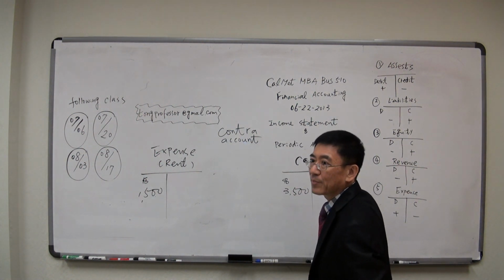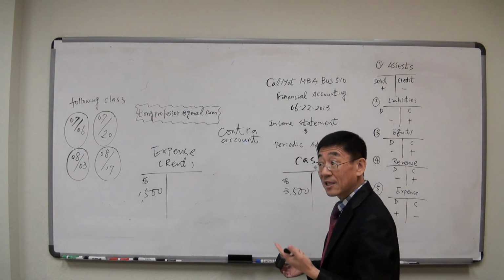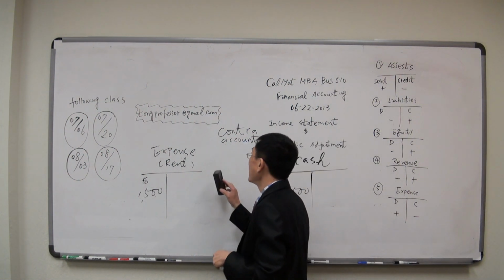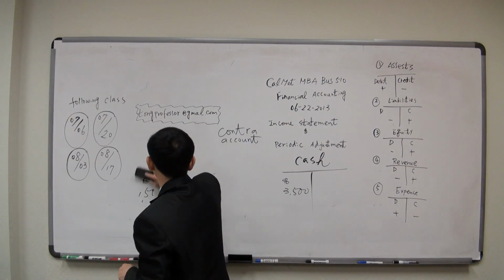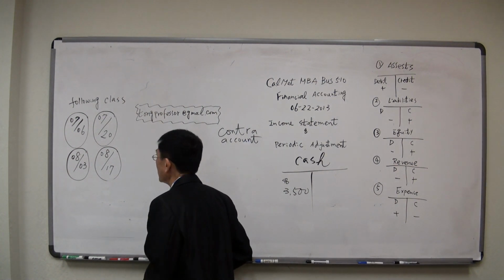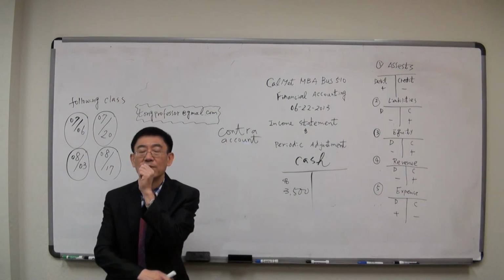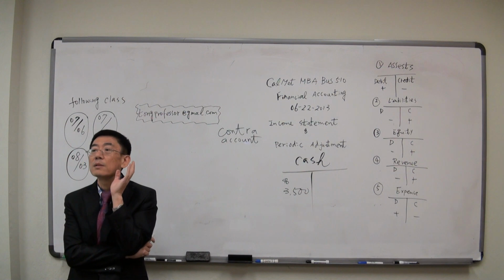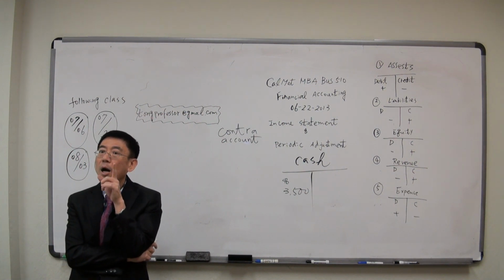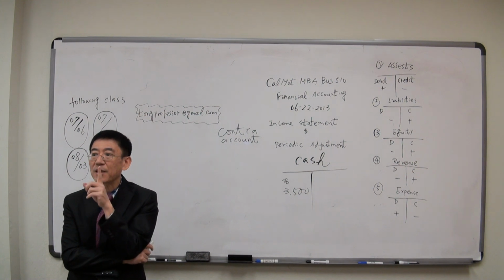It cannot be an asset increase, because if so it must be 800, that's an increase. Let me see. Oh, I'm sorry, you are right, I'm wrong. This is reduced, it's not increased. So the 800 will reduce something. What does it reduce?